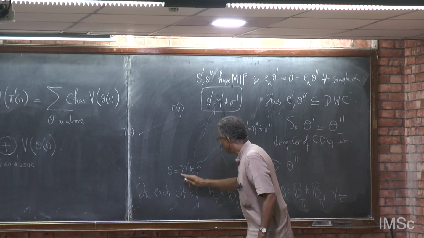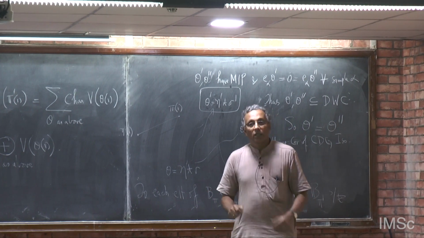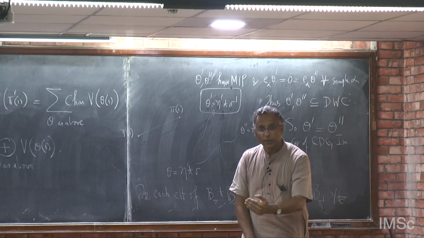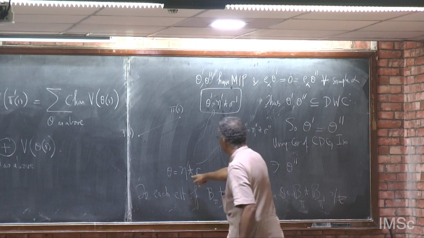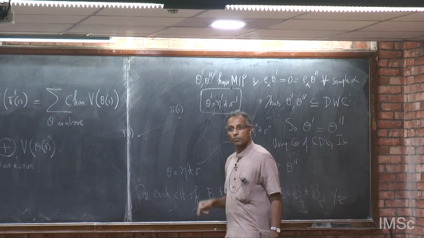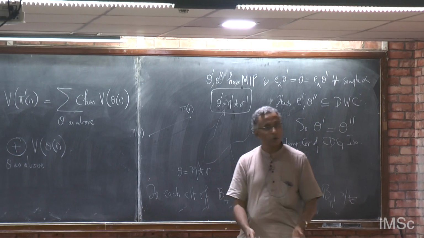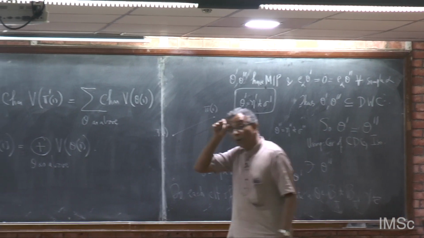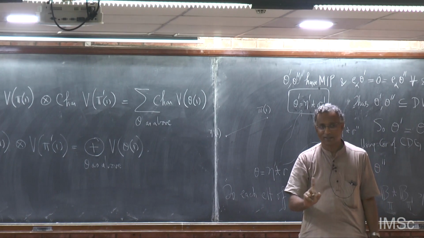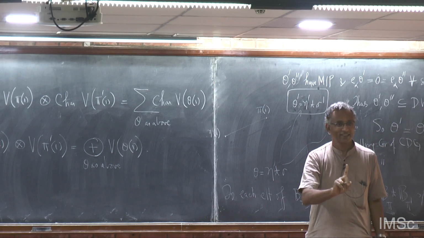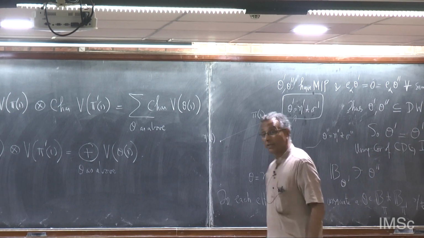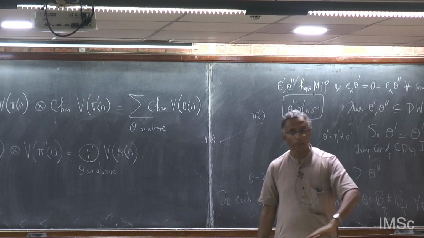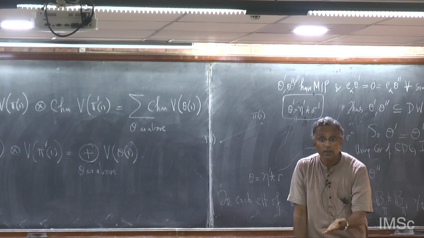Now, if eta is not completely in the dominant Weyl chamber, then neither is eta concatenate sigma. Therefore, E alpha is applicable on that. So the first one has to lie entirely in the dominant Weyl chamber, and therefore it has to be pi.